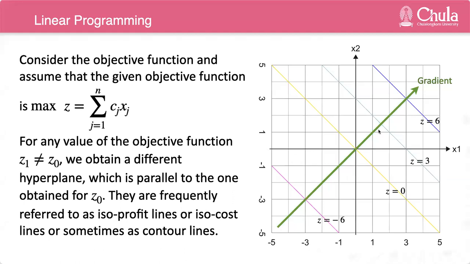So what does it mean? It means if we move in this direction, we can increase the objective function. If we want to maximize the objective function, we should go this direction, right? If you want to minimize, you have to go the opposite way, opposite of the gradient. Okay? This is the analysis of the objective function.